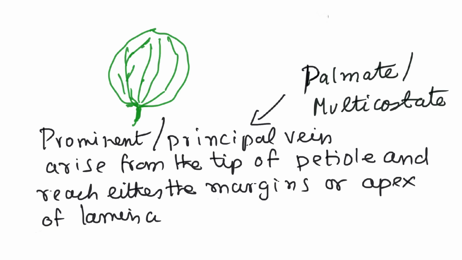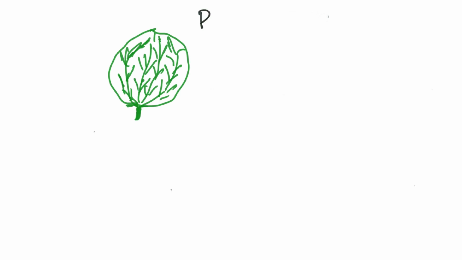You can see that there are multiple veins coming from the tip of the petiole and going up. In the case of the diagram depicted here, we have the vein tips reaching the apex, reaching the tip of the lamina on the leaf blade.